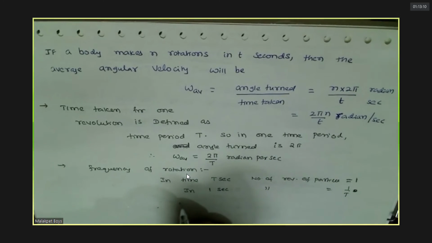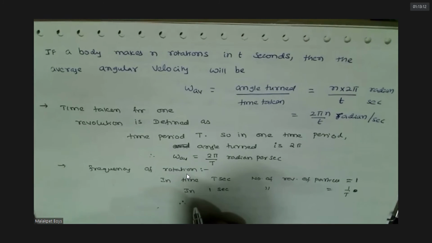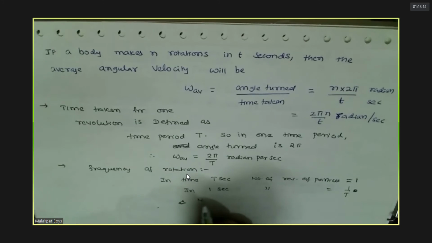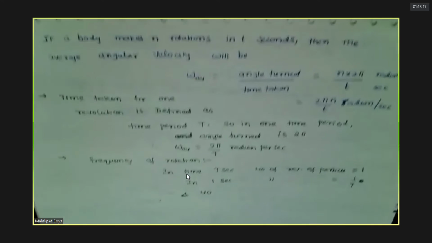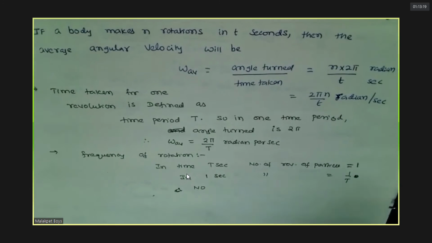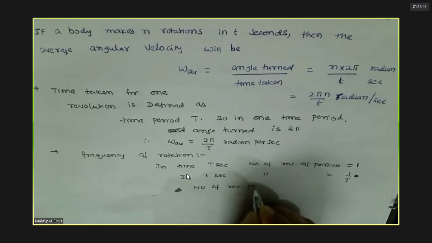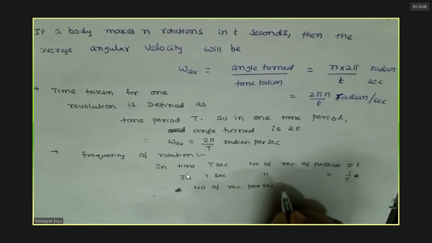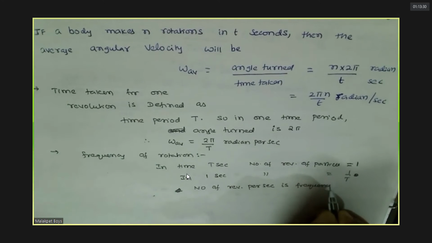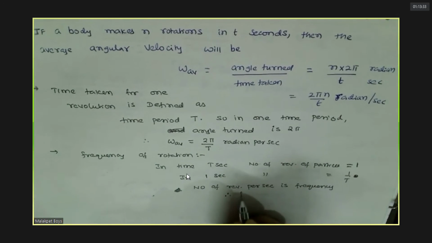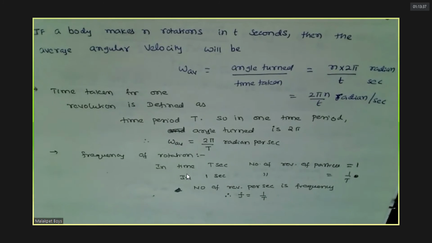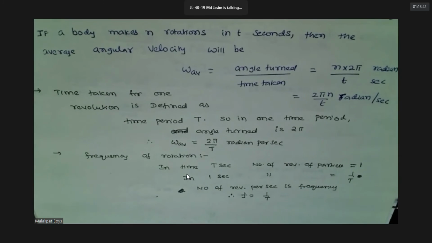Okay, therefore, we define number of revolutions per second. Number of revolution per second is frequency. Therefore, frequency is nothing but 1 by t. Understood this? Any doubt till here? No, sir.